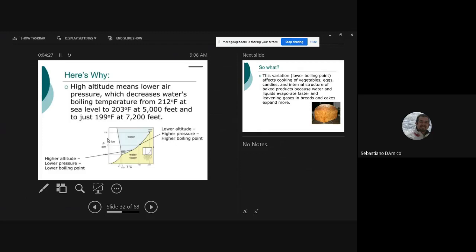At high altitude, we have lower air pressure. What does lower air pressure mean? In general, at any location, we experience air pressure at every moment. It means the weight of the air column that is above us.